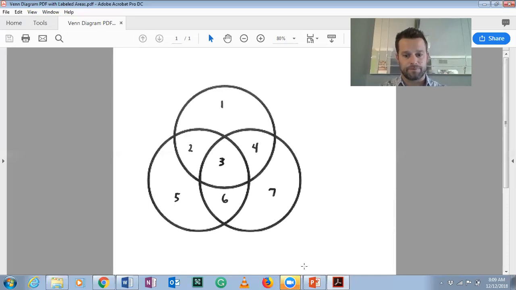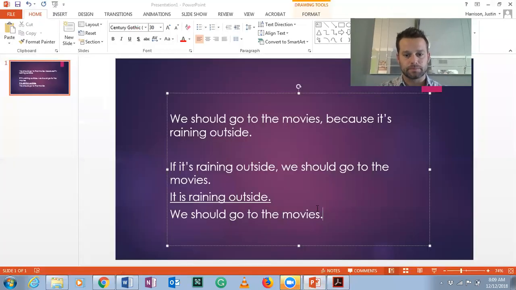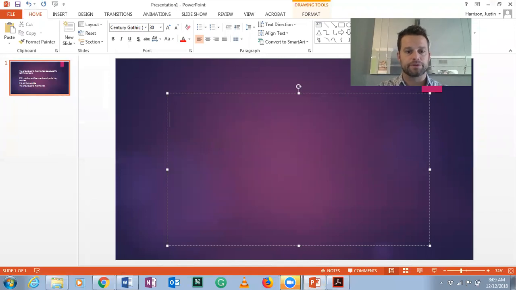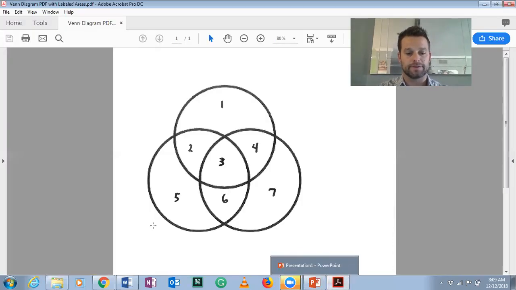So if, for example, and remember the middle term is always the middle circle. So it's important that you know that this is the S circle, this is the P circle on the right, and the middle term is the middle circle.